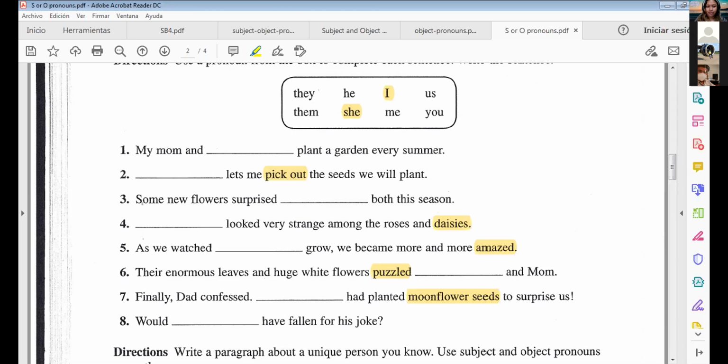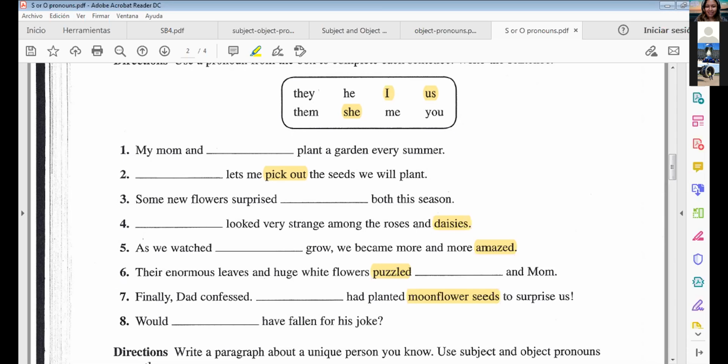Okay. The next one. Some new flowers surprise me. Surprise us. Surprise me. Surprise us. Two people. Yes. Surprise us this season. Good. Looked very strange among the roses and daisies.